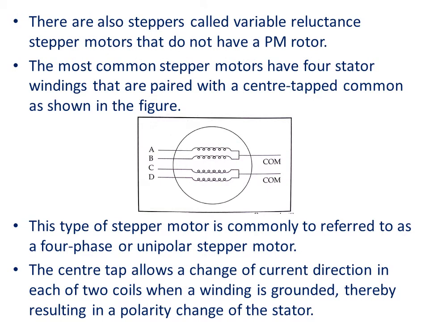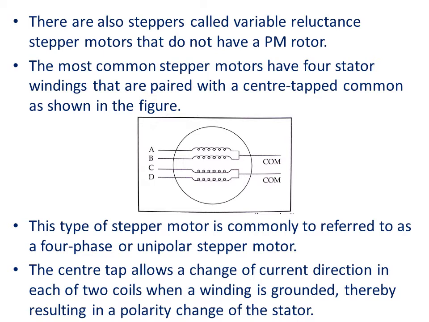There are also stepper motors called variable reluctance stepper motors that do not have a permanent magnet rotor. The most common stepper motors have four stator windings that are paired with a center tapped common, as shown in the figure.